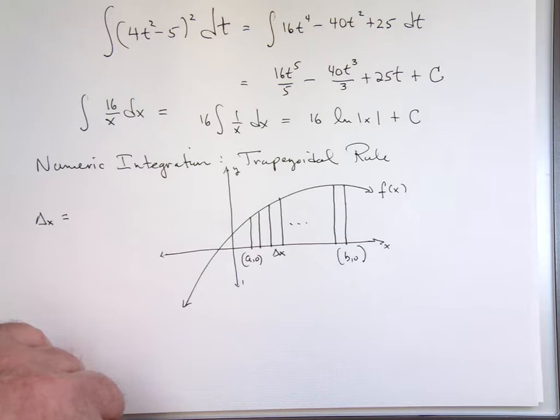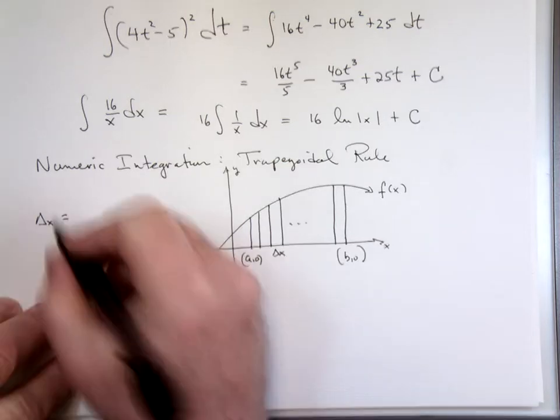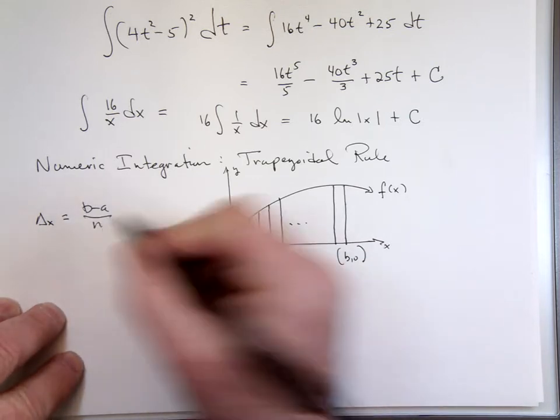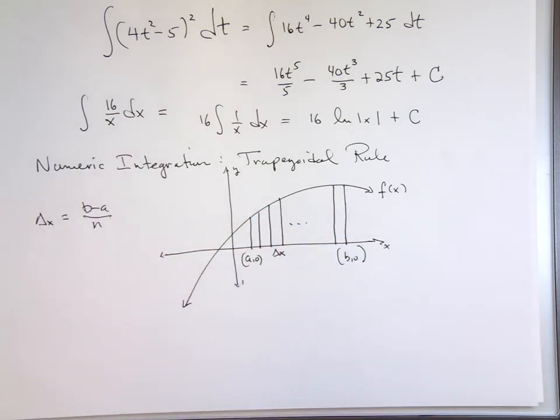One over n. 1 over n is a start, but 1 over n would be correct if the interval were of length 1. But now I have an interval from a to b, and I'm dividing that up into n equal subintervals. It would be b minus a over n. That is correcto. Nice job there. B minus a, the width of the whole interval, divided up by n subintervals. So I have a delta x.